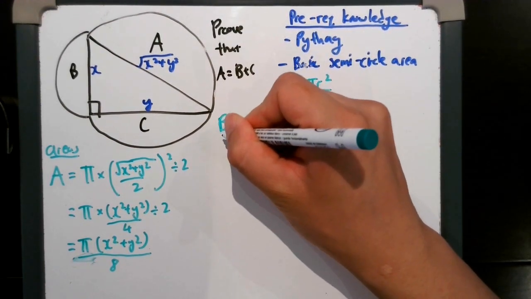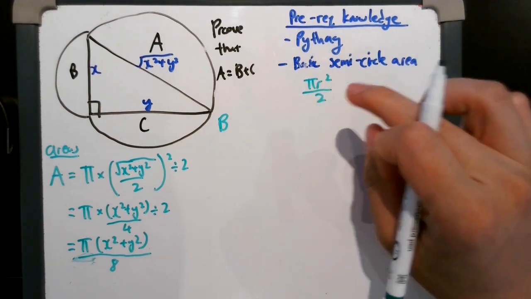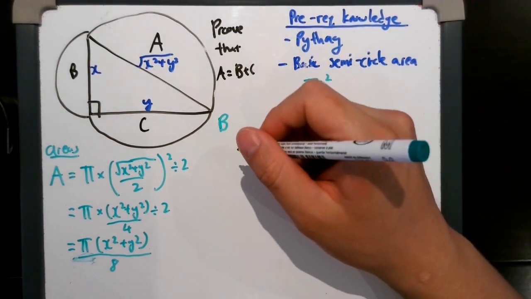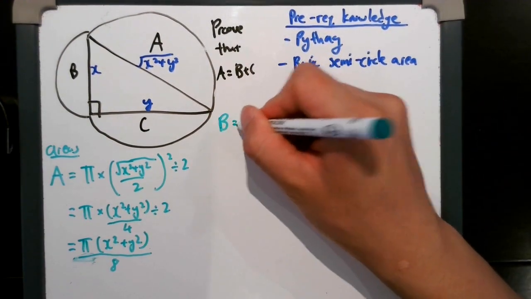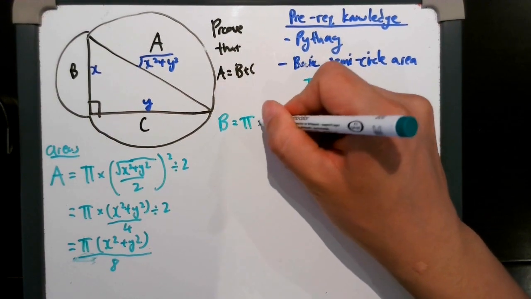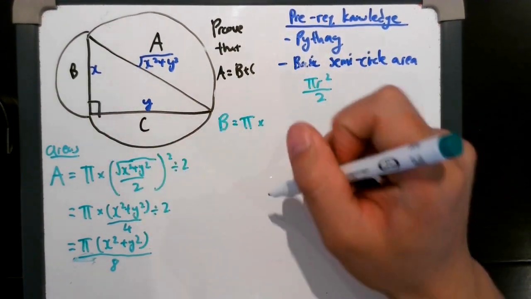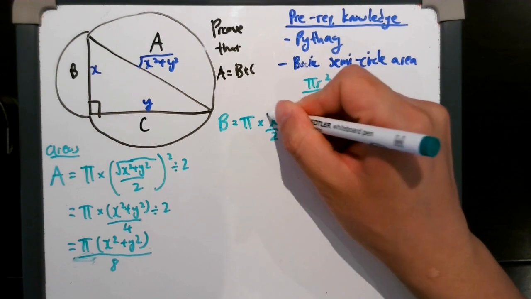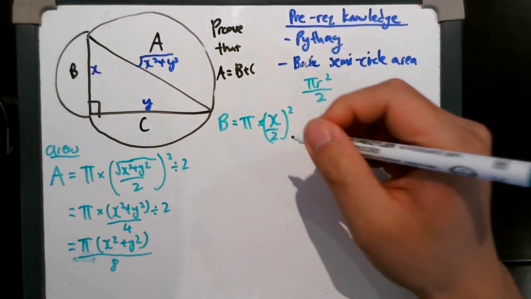Area of B equals pi times radius, which is x over 2, squared, divided by 2.